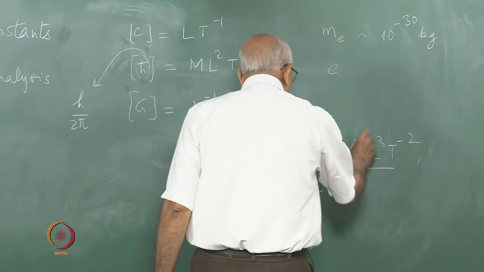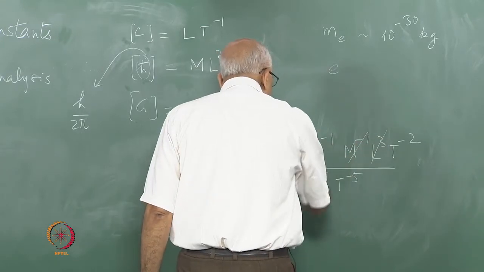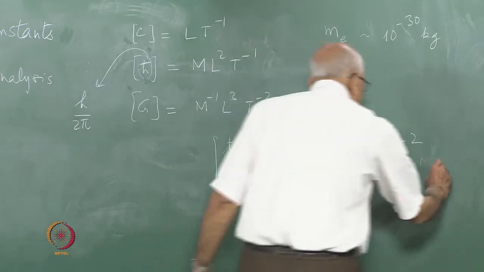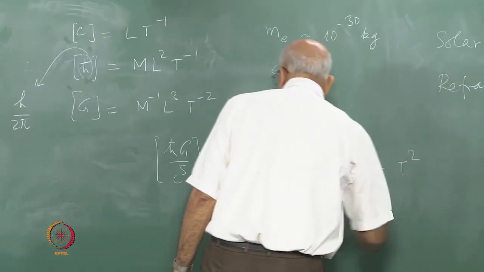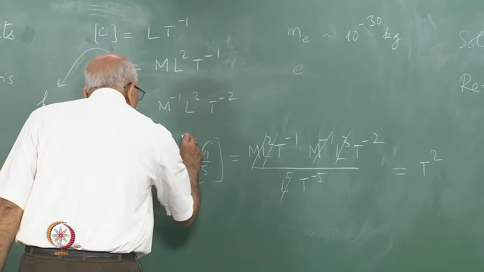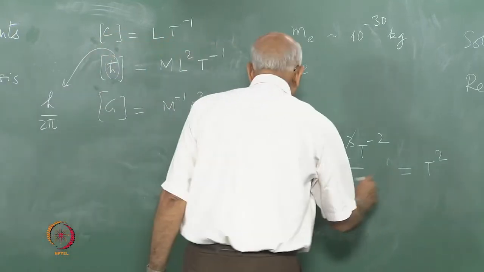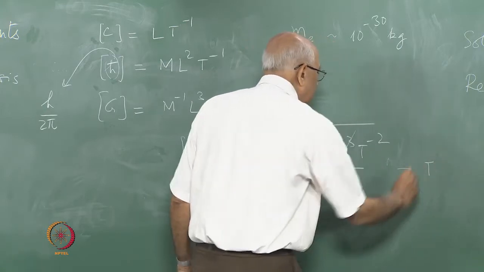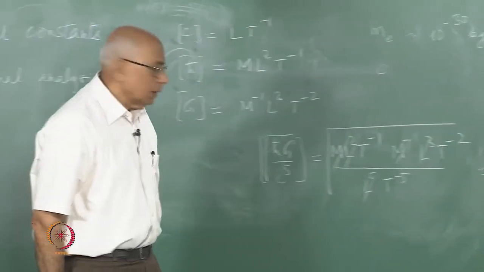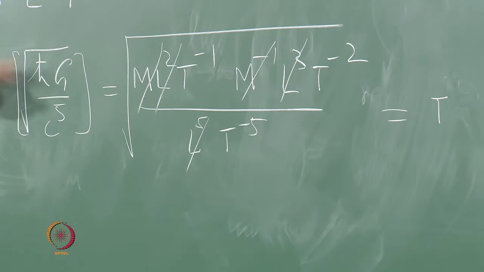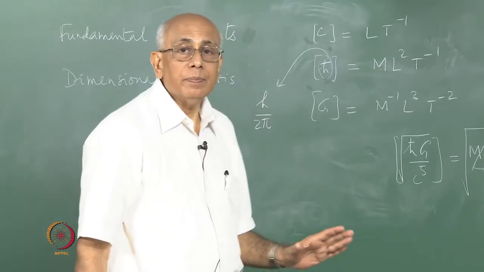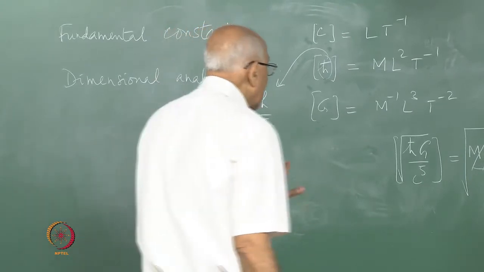So the m cancels out, the L's cancel out completely, this 5 goes up on top and you are left with T squared. Therefore if you took the square root of this quantity, you have T. So this says that the combination h cross G over c to the power 5 has the physical dimensions of a time and nothing more. All the L's cancel out.